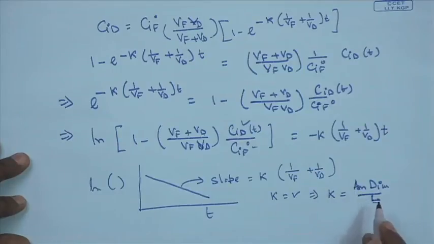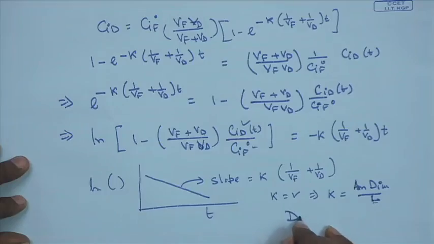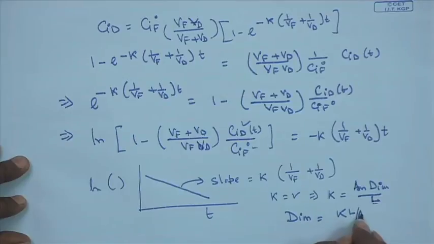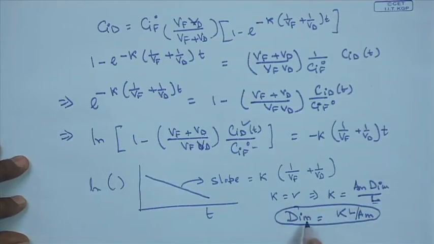We know the dimensions of the two channels, so the membrane area will be known, and we can estimate the value of Dim. So this is the procedure to obtain the solute diffusivity in the membrane matrix.